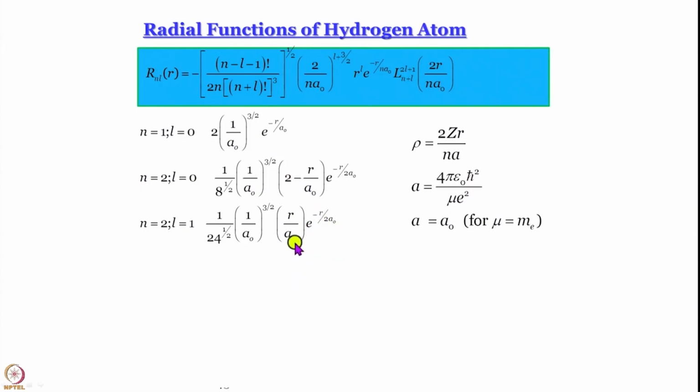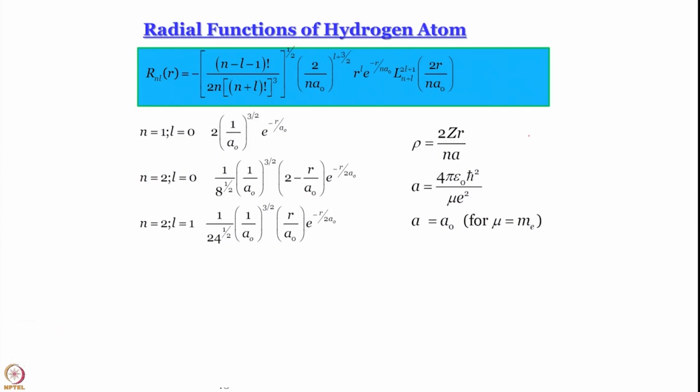What will this look like? r by 2a0 is increasing in r, obviously a straight line, multiplied by e to the power minus r by 2a0, that is a decreasing function. So, what you get here is essentially a function that goes through a maximum.